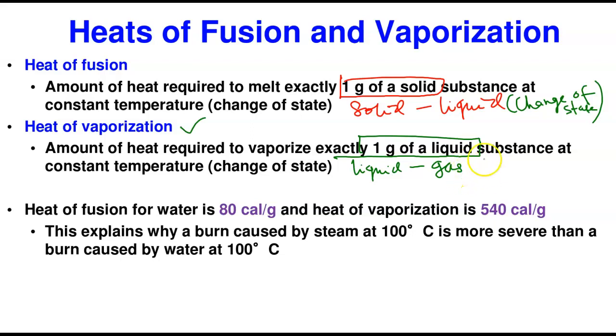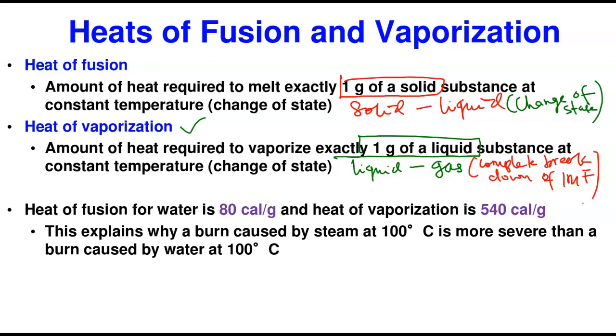So in this case, there is a complete breakdown of intermolecular forces, of IMF. And in fact, that is the reason why the energy needed to vaporize a liquid to a gas is far greater than the energy used to melt a solid to liquid.